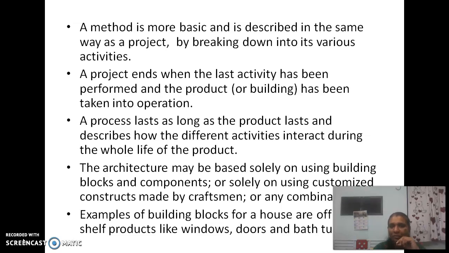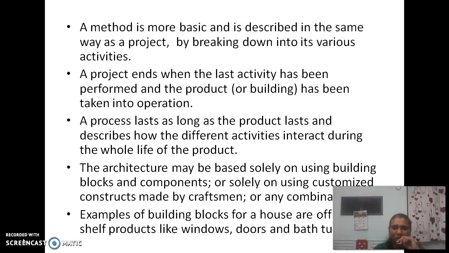So the architecture may be based solely on using building blocks and components, or solely on using customized constructs made by craftsmen, or by any combination. As we have already discussed, this architecture can be from already built-in components, we call them off-the-shelf components, or it can start from scratch going on with the customized construct.